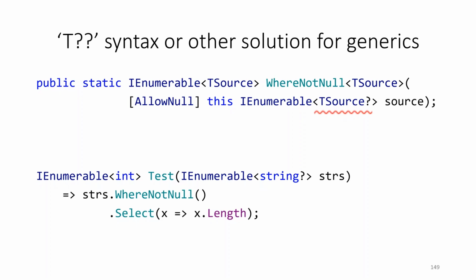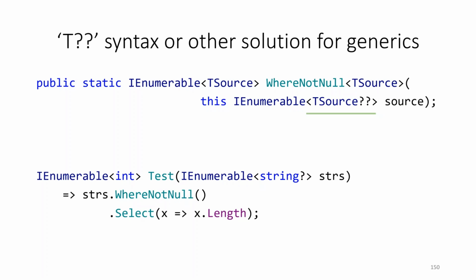So in this case, this method will allow nullable enumerables, but it won't tell anything about the type of elements. And in the future, there is still a discussion about what exact syntax will be used, but it could be something like this with a double question mark. And in this case, I will be able to tell the compiler that this method will filter out any nullable values from this collection, and it will be safe to use after that.